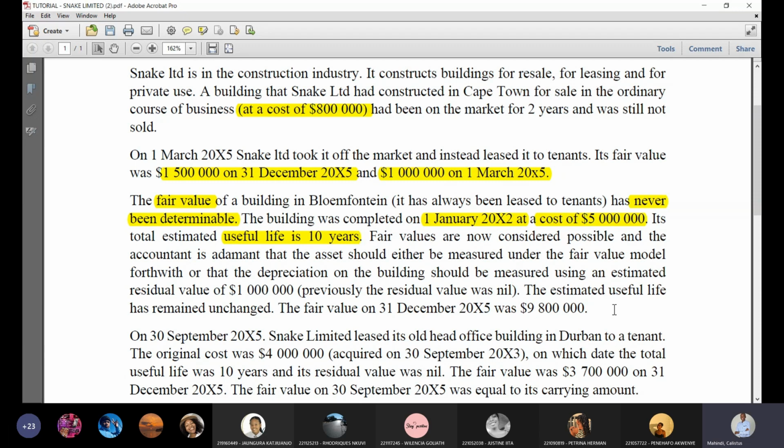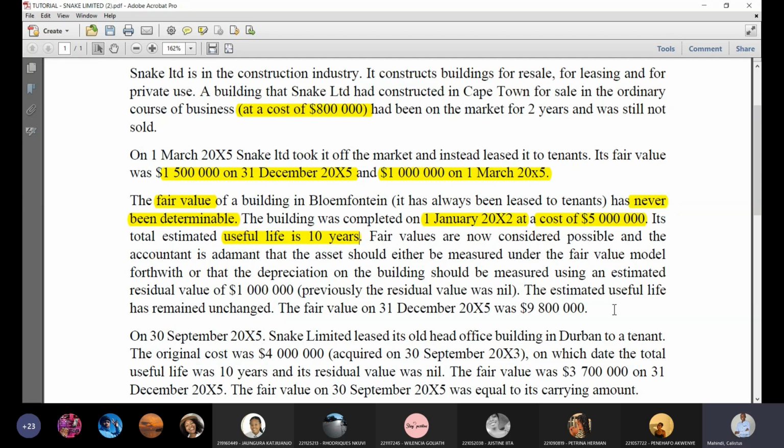So the accountant is adamant that you must use the fair value model and that you should use a residual value of 1 million. But we know that in this instance, the accountant is wrong, because the standard tells us that if at initial recognition you were unable to determine the fair value, this property will always be measured at its cost price, and the residual value will only be nil, even though at a later date we were able to determine the fair value.